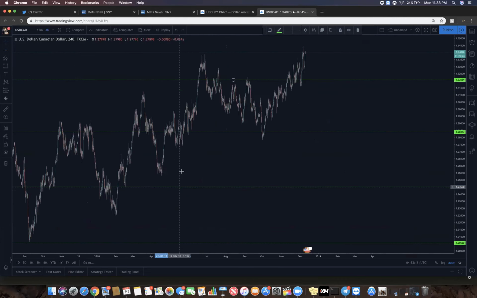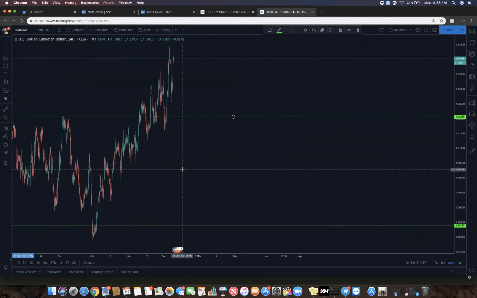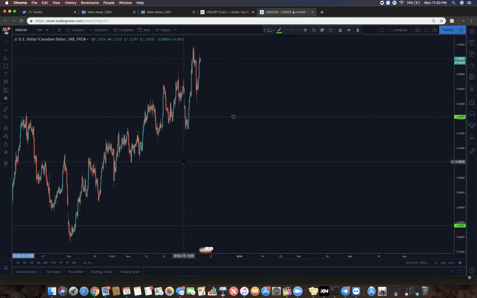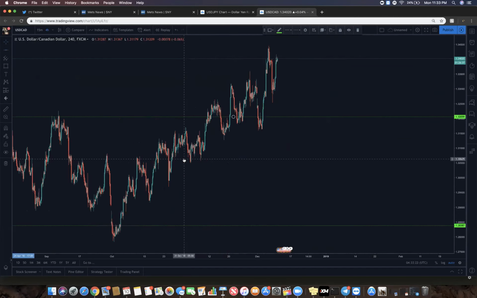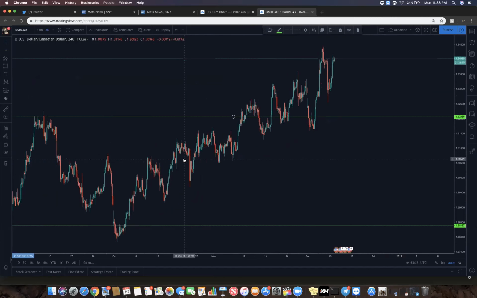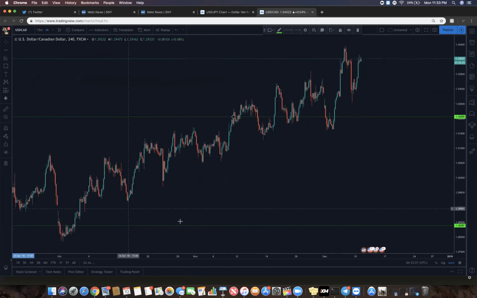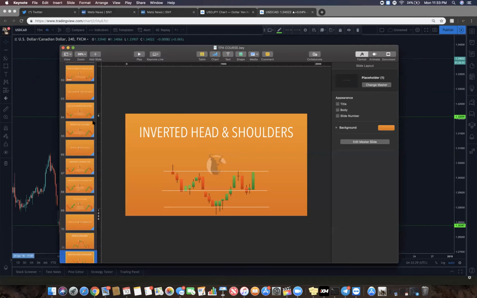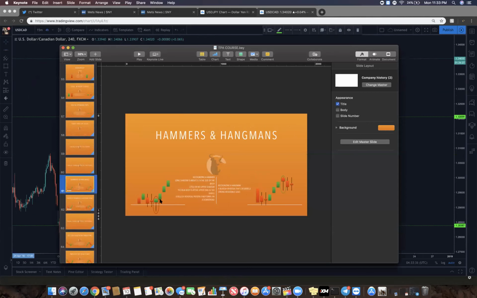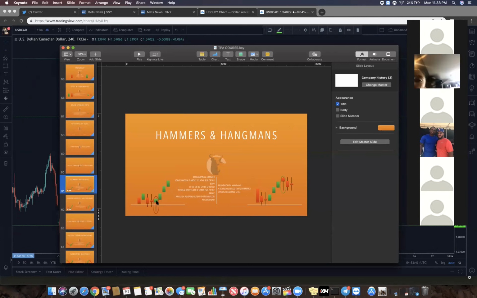Now, I'm just going to find one random place of support. And what we're going to do is look for a hammer, all right? A hammer. Now I can spot one right away. The hammer pattern, right? The hammer forms at support always. The hammer has little to no upper wick, a short body, and it also has a long lower wick.